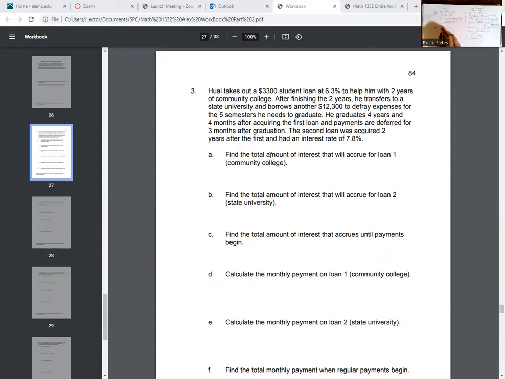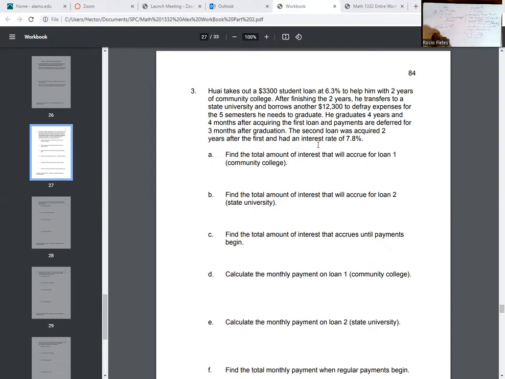So this one is 55 months, because this person didn't start making payments until 3 months after they graduated. The one that we needed to subtract the 24 months from is the second one, because it only started counting 2 years after, right? Now let's focus on the first loan, and we need to find the total amount of interest.